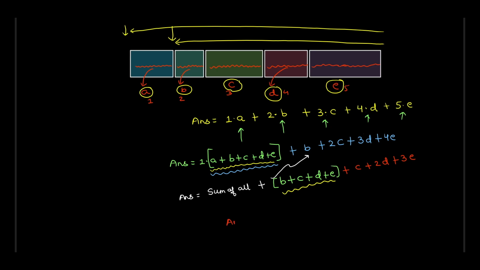Answer is equal to suffix sum of A, meaning suffix sum that starts at the first element of the first block, plus what is this quantity? The suffix sum that starts at the second element, which is nothing but suffix sum that starts at the beginning of block B.